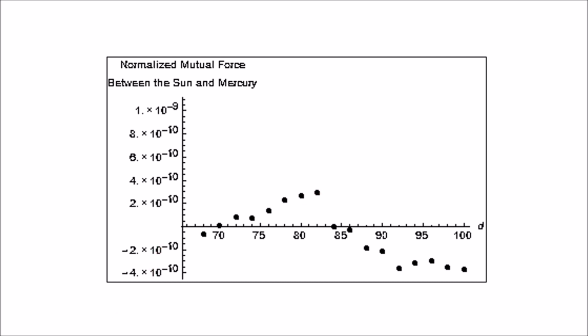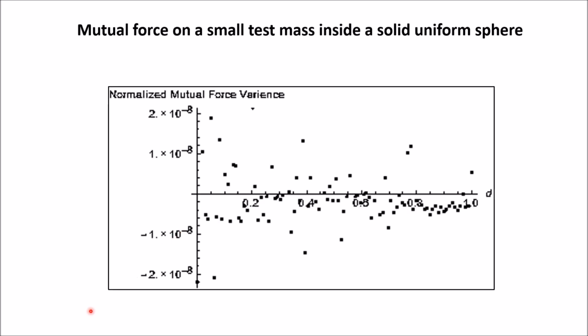But I also looked at some other circumstances that I would consider interesting. I took a test sphere, a small sphere, and once the sphere gets to be about 1% of the larger sphere in which it's embedded, it doesn't make any difference what its size is. These are very consistent findings. The scatter is very consistent.